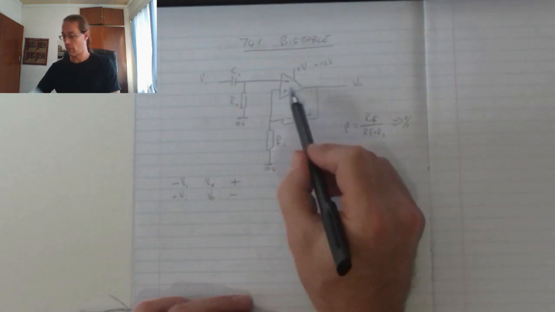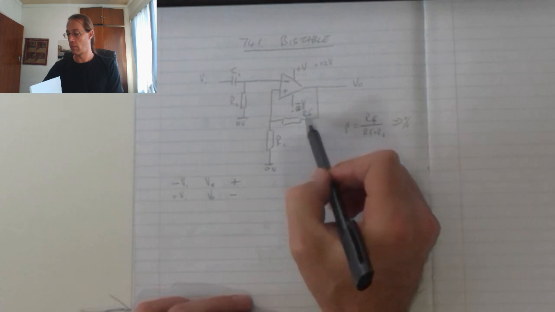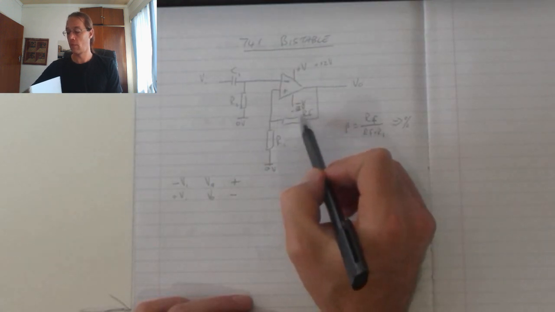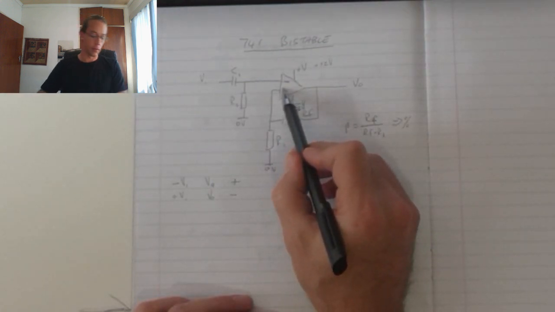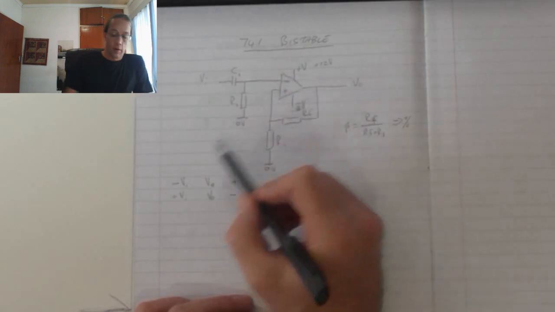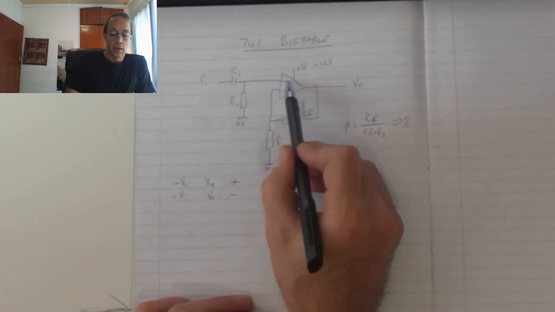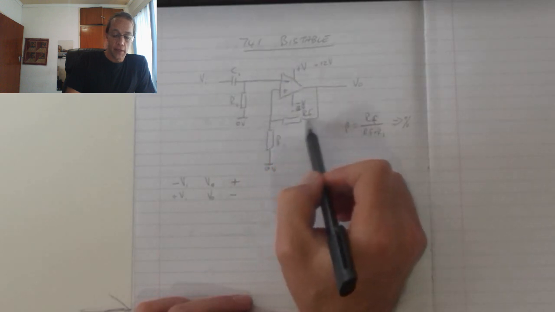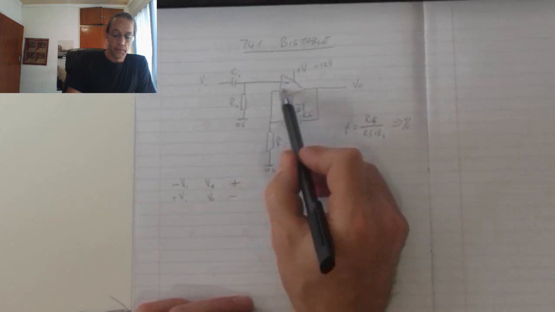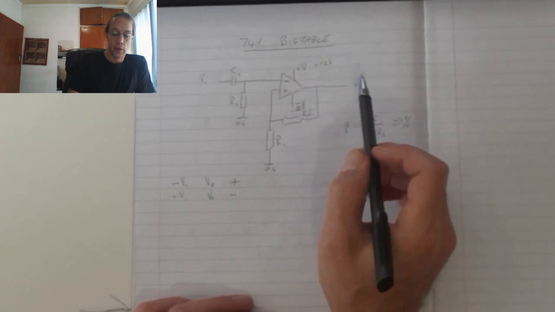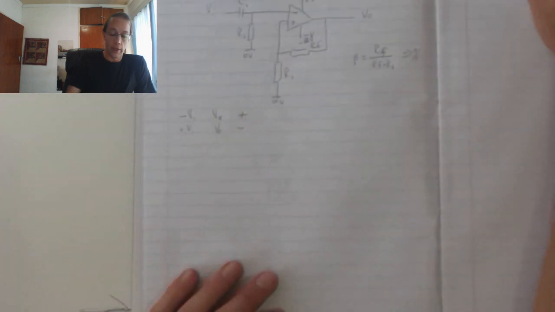Now what happens is this feedback signal, this percentage, is fed back to the non-inverting input, and that serves as a reference. So my input voltage needs to be greater or equal to this voltage developed over RF, and that will then allow for switching to take place.